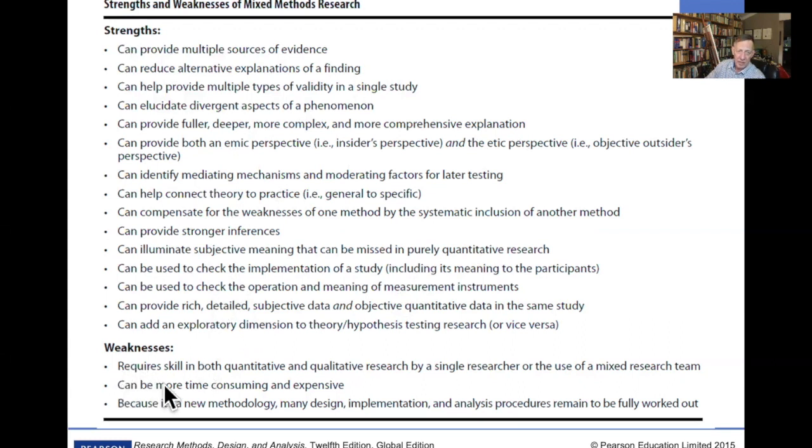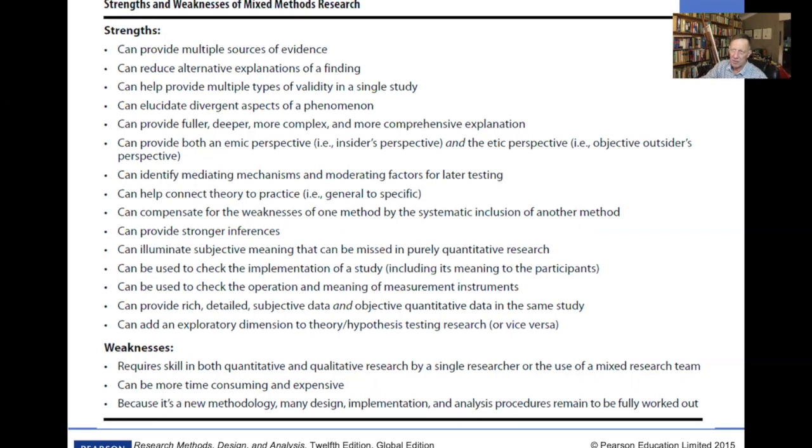Weaknesses require skill in both quantitative and qualitative, and that's one of the things that's why people avoid mixed methods. You need skills in both areas, and most of us either prefer quantitative or qualitative for various reasons. You just feel more familiar or at ease with a particular method. And some of us like numbers.